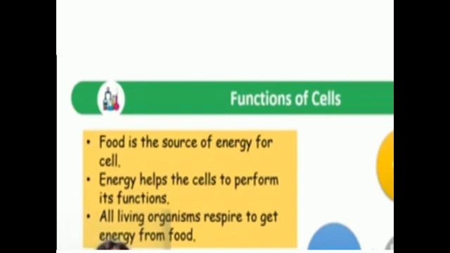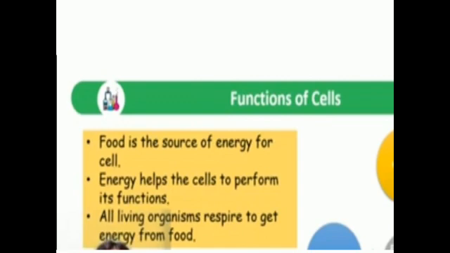The food is broken down in the cells and the release of energy takes place. That is called cellular respiration. It takes place inside the cell. The means to get or release energy is through the mitochondria.